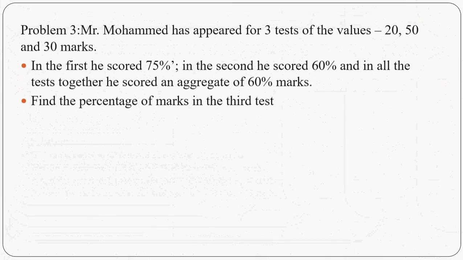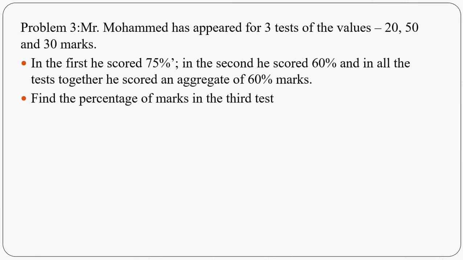Now let us take one more example. Problem number 3. Mr. Mohammed has appeared for 3 tests of the values 20, 50 and 30. Now in the problem it is given, in the first he scored 75%. In the second he scored 60%.